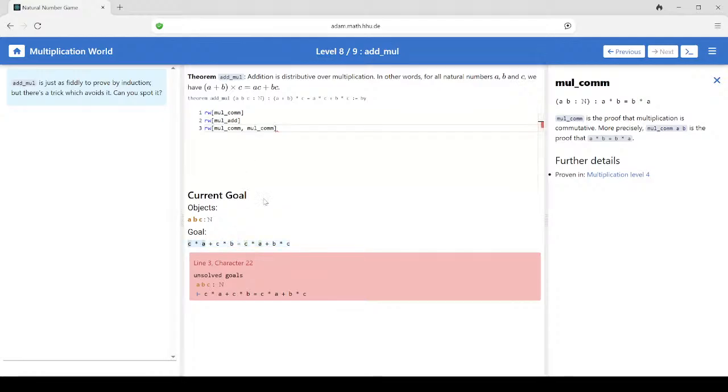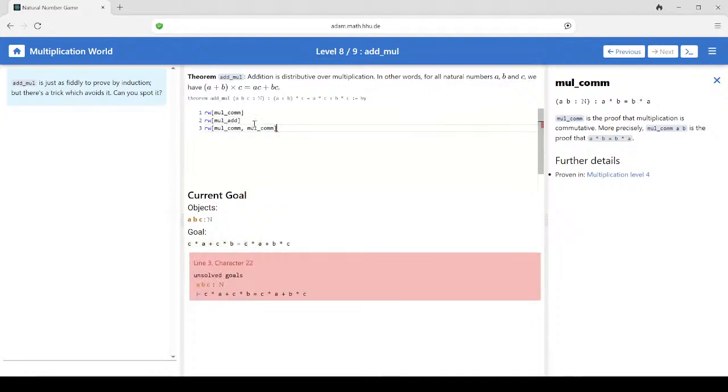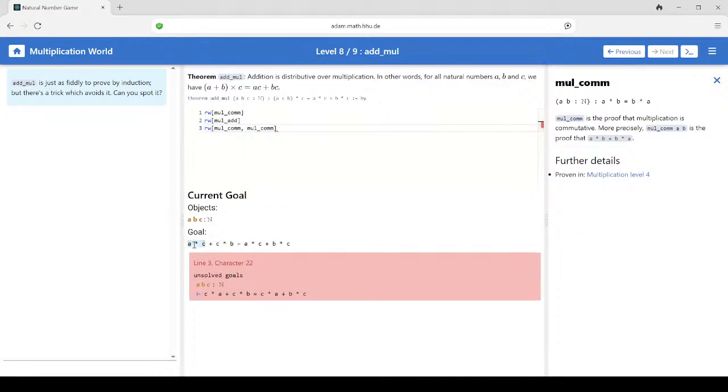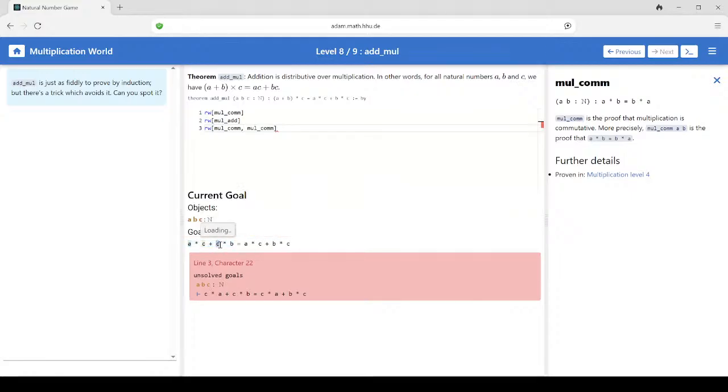Now we have them. Wait, no I don't. Wait, what? Why did it go from switching these around, which is what I wanted? Now I want you to switch these around, but instead it switched, what did it switch?